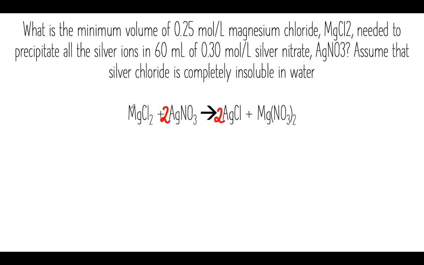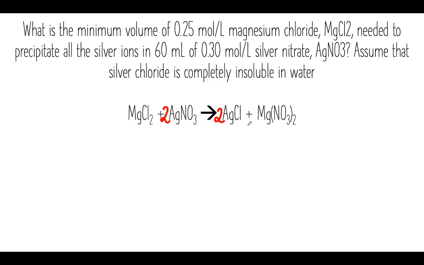So let's just confirm that all of my elements are equal on either side of the arrow. I've got 1 Mg on the left side, 1 Mg on the right side, 2 Ag on the left side, 2 Ag on the right side, 2 Cl on the left side, 2 Cl on the right side, 2 NO3 on the left, 2 NO3 on the right. So that is a completely balanced equation.